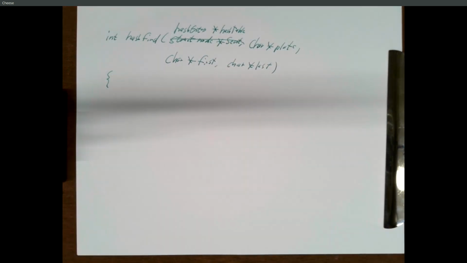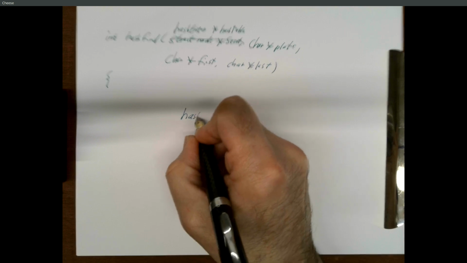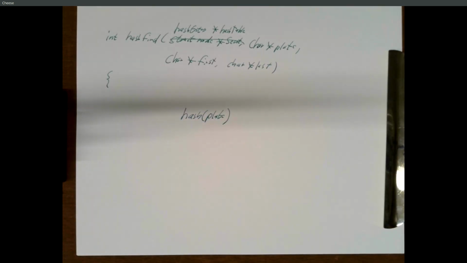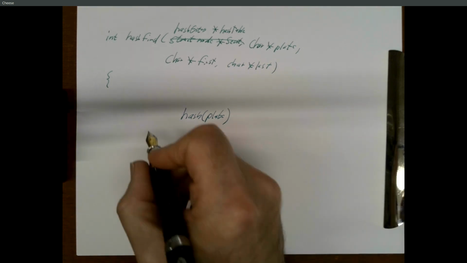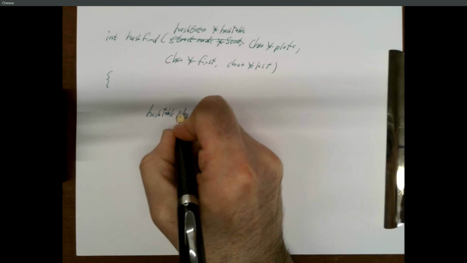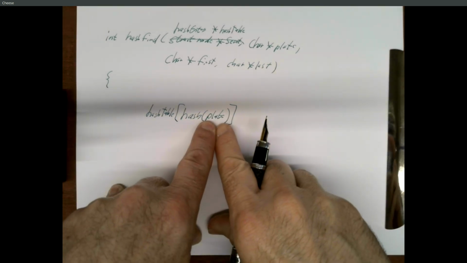So hash table is an array of hash entries. So you can do this in one line. Take your plate, run it through your hash function. That gives you an integer. Take that entry in your hash table. Okay, that's a character array.